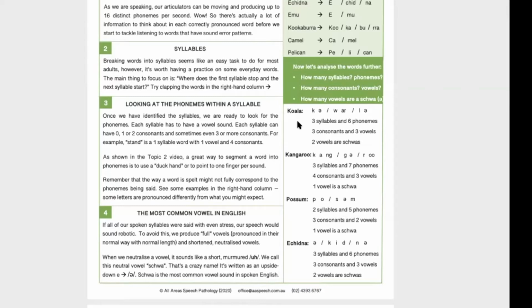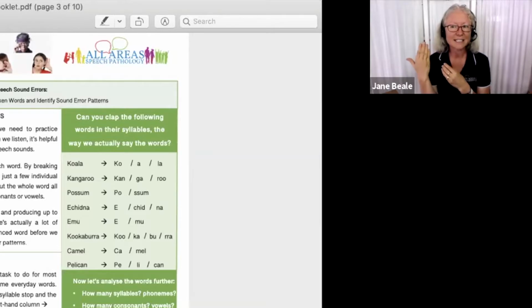If we're thinking about phonemes, we need to just listen and not try and read it, because would you agree that when you read koala at the top section, K-O-A-L-A, it doesn't really match what we say, does it? We actually don't say ko-a-la. If you come down here, we actually say kwala.